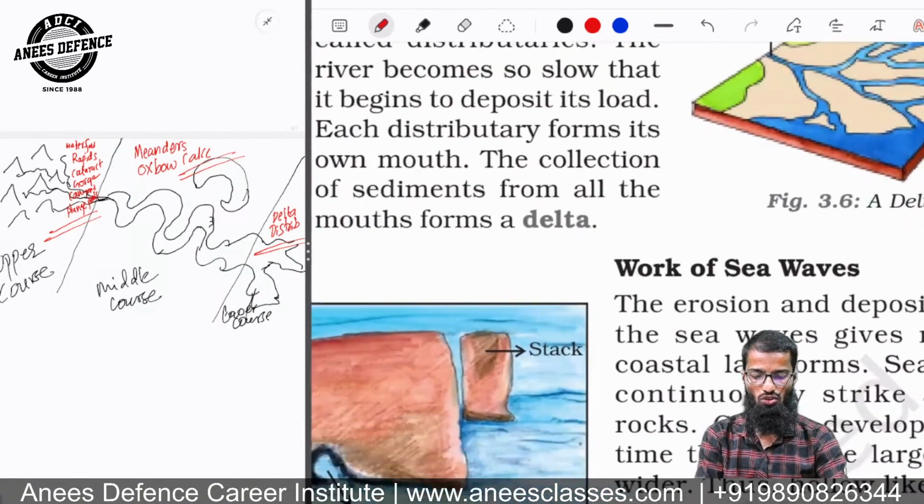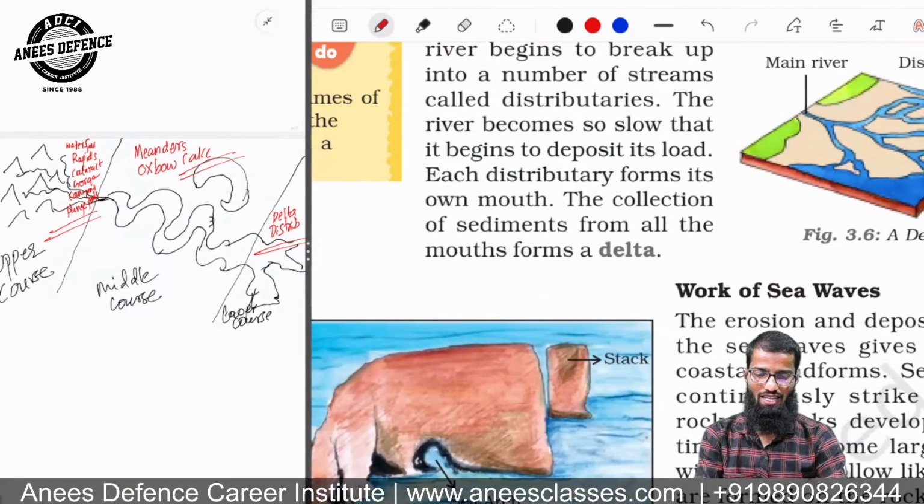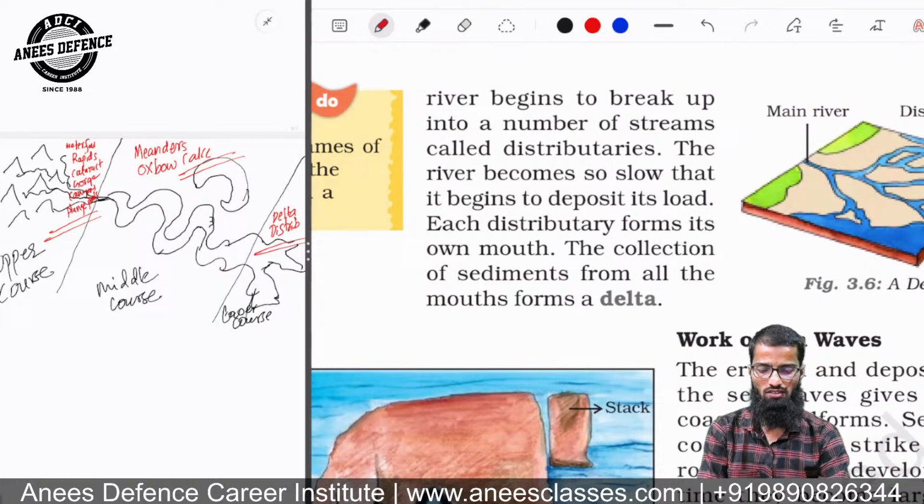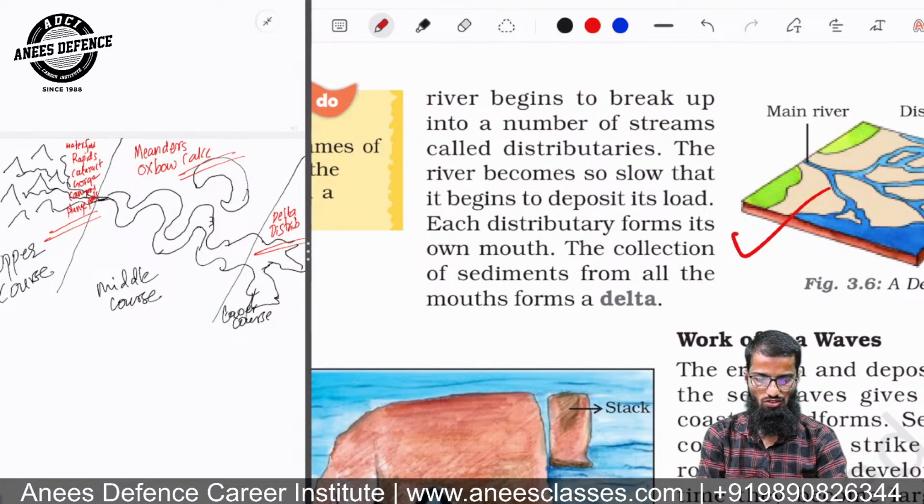Okay. So at the next stage, you have the lower course. On the lower course, you have the formation of delta. You can see on the screen the formation of delta. So this is the main river, and these are the distributaries. It has given rise to a bird foot like delta.